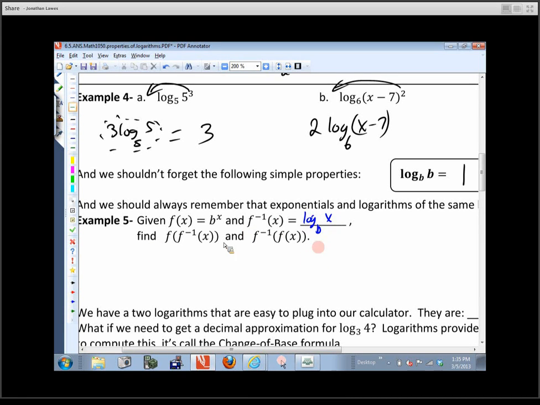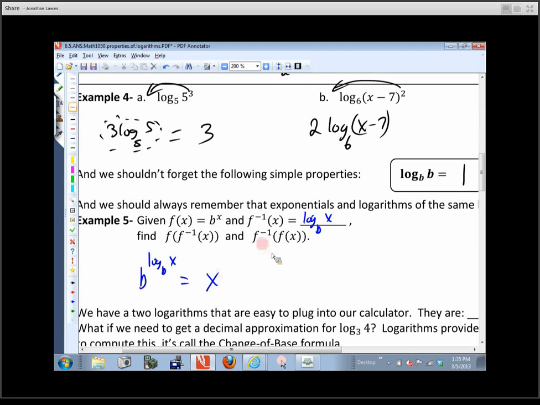Those 2 should be inverses of each other, and we can check that by doing f of f inverse. So if I do f of f inverse, what got plugged into what here? The inverse into the original function. So the logarithm into the exponential. So that would be b to the log base b of x. What do you get? You get x, just like you'd expect if they truly are inverses.